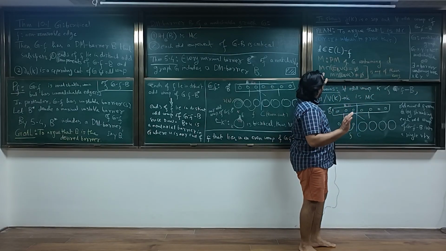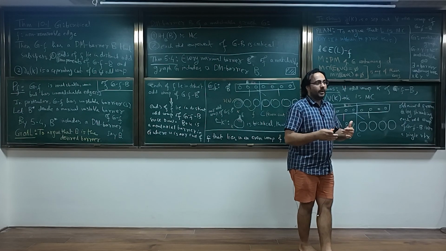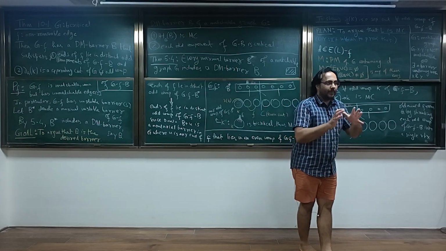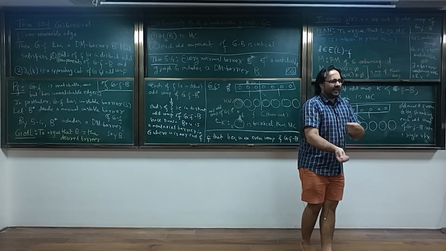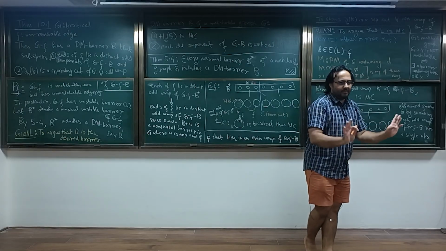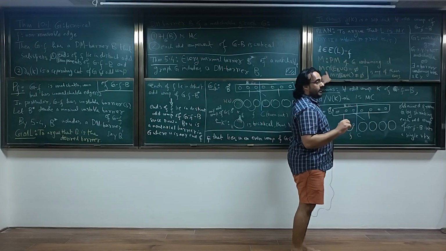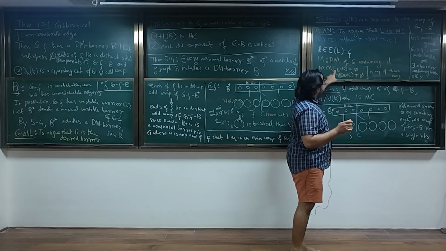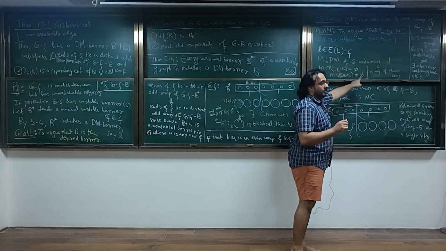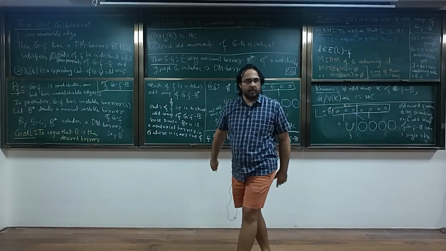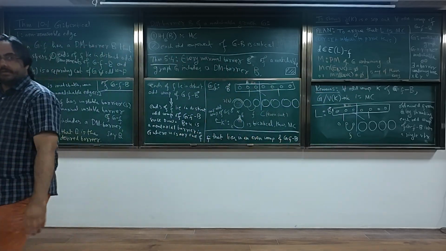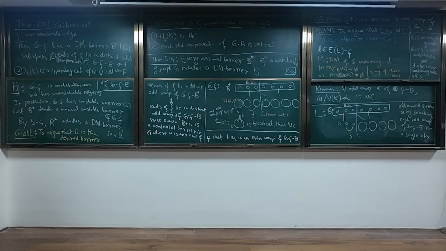The idea would be to somehow show that either the restriction itself works, and if the restriction doesn't work, then I can do something else and make it work. So we'll consider two cases. Either the perfect matching M meets this set or it doesn't meet this set. Think about it. Make some drawings and see in which case you are done, and if you are not done, how do you get done from there?